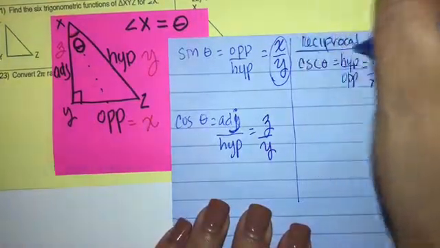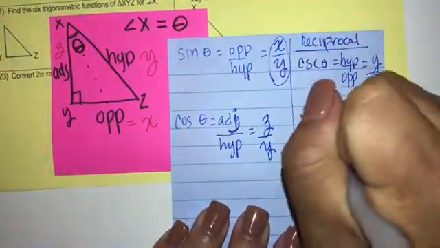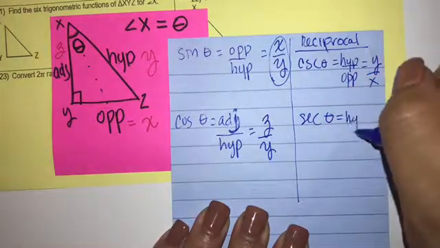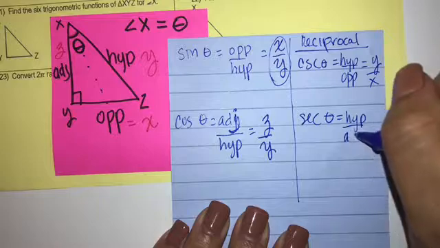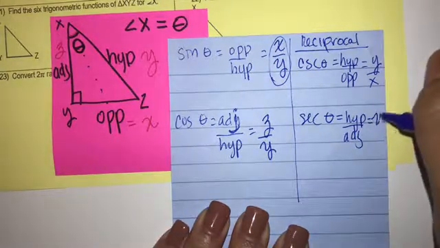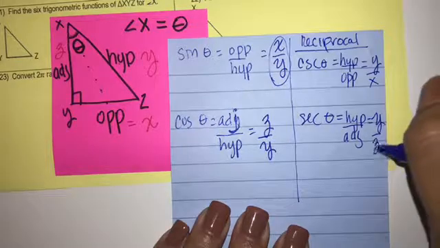And then let's look again at the reciprocal, which is going to be secant, which is going to be hypotenuse over adjacent. And that's equivalent to y over z.